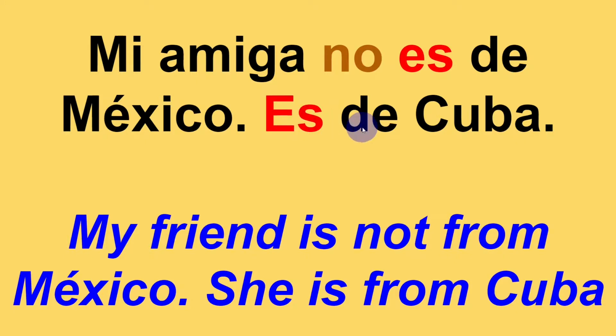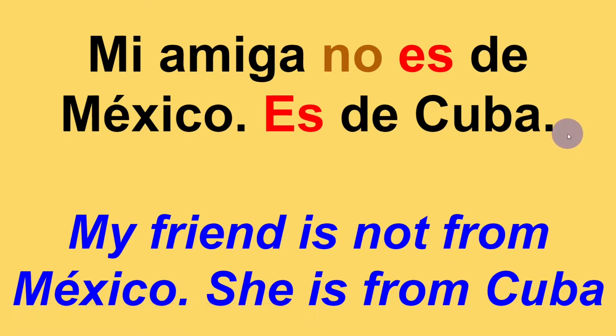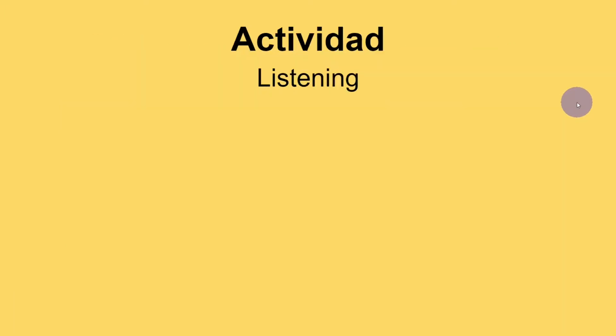When you say es de Cuba, the person who is receiving the message should know that you are talking about your friend. In English you have to write she. In Spanish you don't have to write ella es de Cuba. All you have to write down or speak is es de Cuba. Okay, very good. Let's move on.